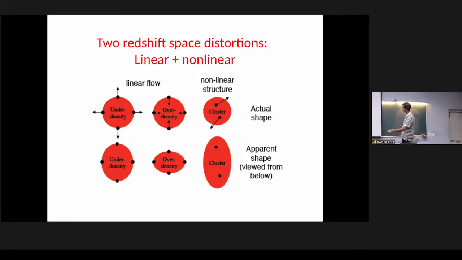Suppose you are an observer over here, and you're looking at this thing. Then when you measure the redshift, instead of the position, instead of seeing something round, you will see this. Because it's moving towards you, you will think it's not so far away from you. You'll give it a smaller edge. This one, because it's moving away from you, you will give it a bigger edge. So this round thing will look to you like it is squashed along the line of sight.